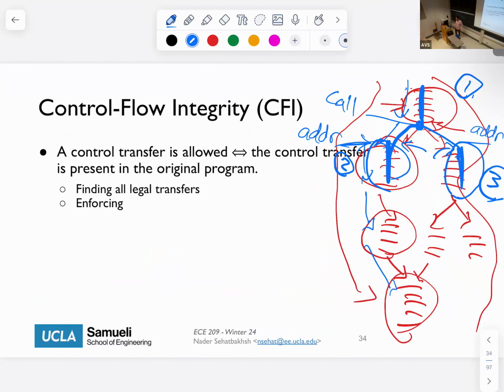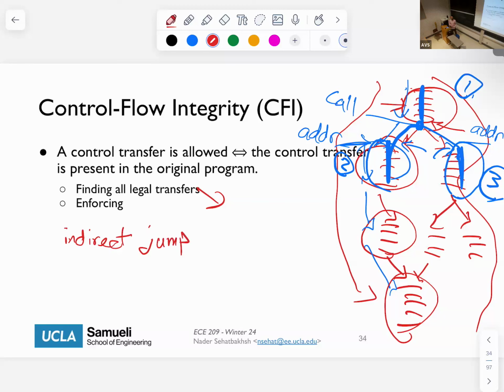Of course, the problem with control flow integrity is that detecting all these legal transfers is not something simple. For a simple example like an if-then-else, that's very simple. You know that there are two possibilities and you're good to go. But consider indirect jumps, something that can essentially take any value.